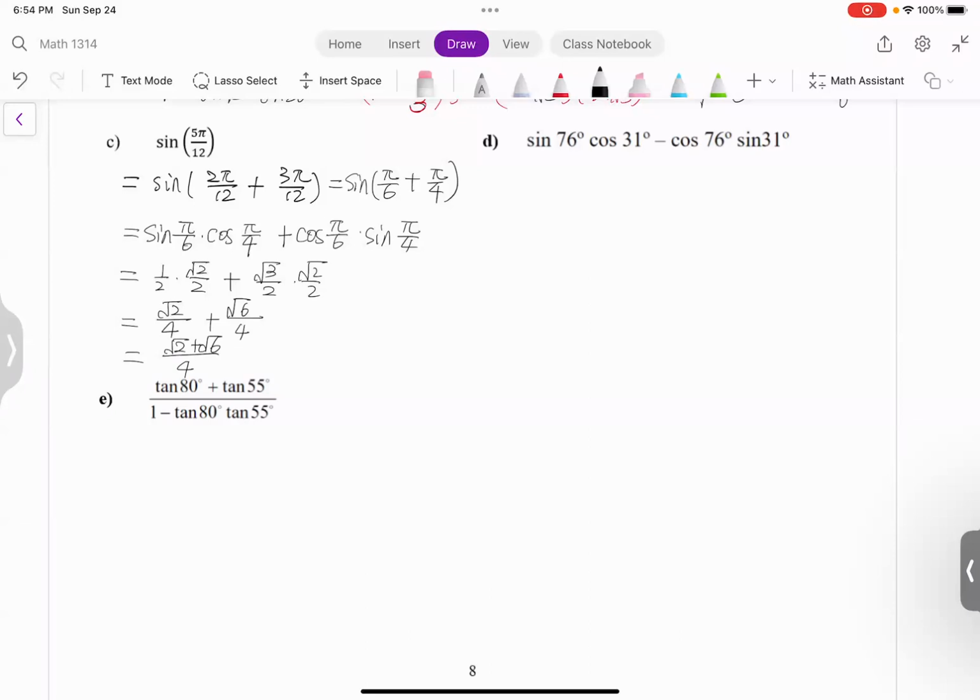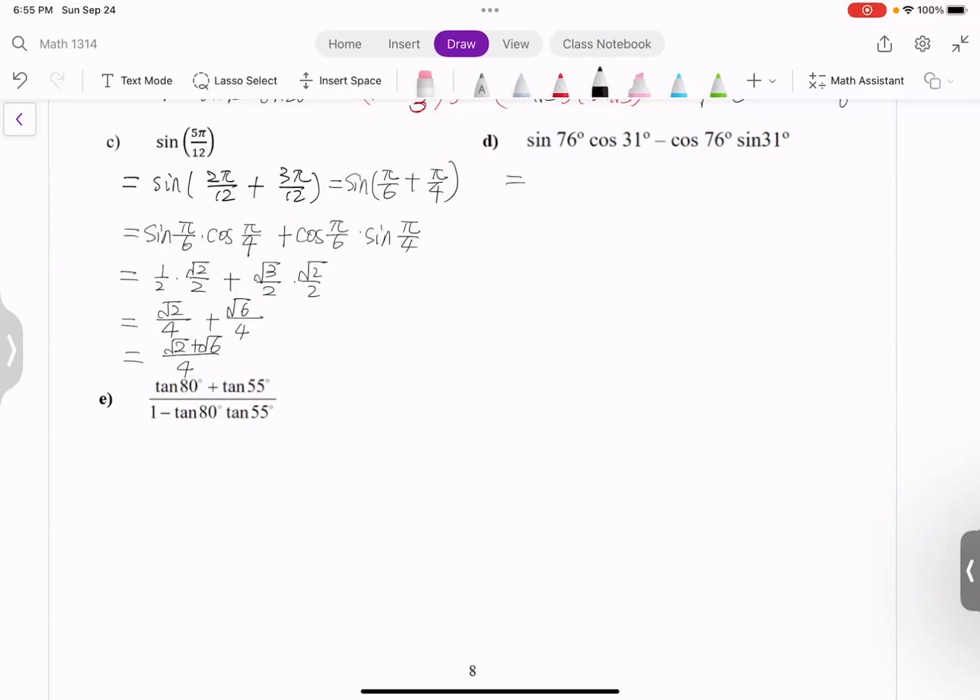Sine 76 degrees times cosine 31 degrees minus cosine 76 degrees times sine 31 degrees. Okay, they all have the 76 degrees and 31 degrees. And also I have sine cosine minus cosine sine. Is that the formula of the difference of the sine? Yes.